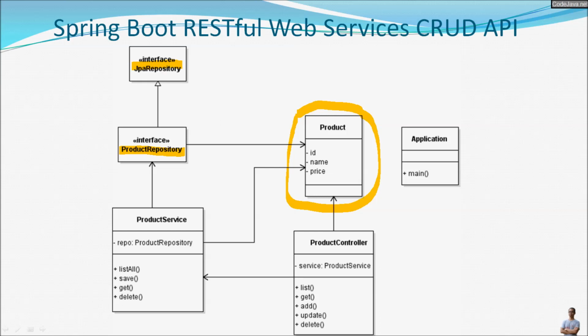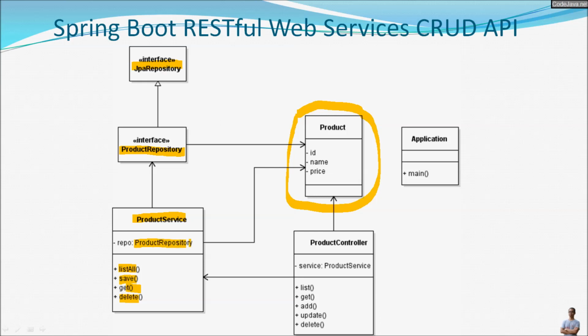And in the business service layer, we code the ProductService class that implements CRUD operations: list, save, get, and delete. This ProductService class depends on an instance of ProductRepository.